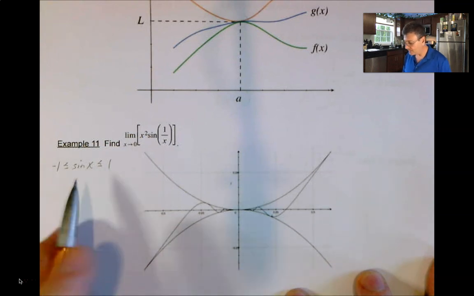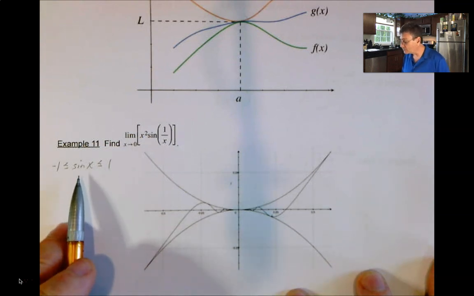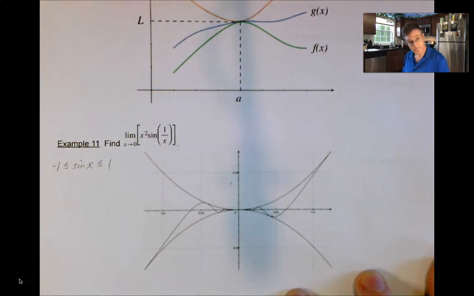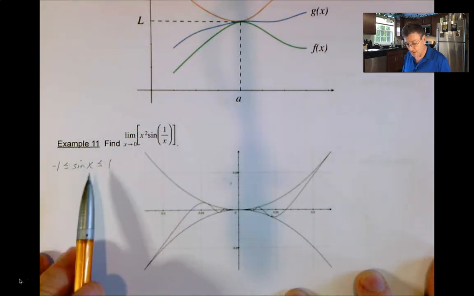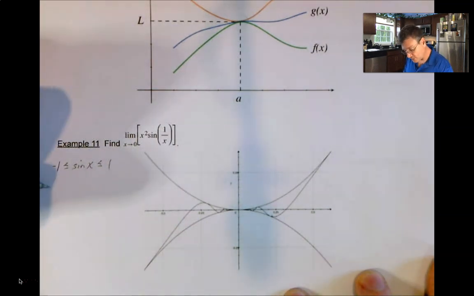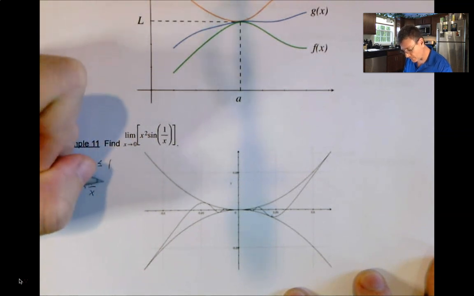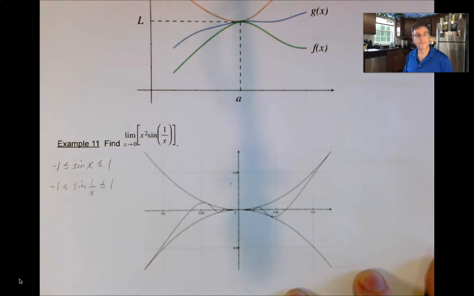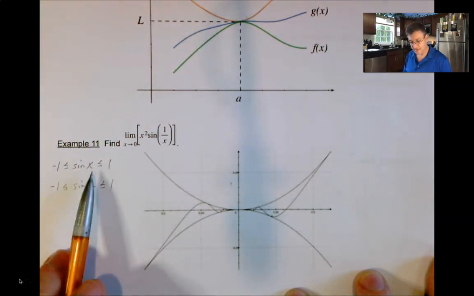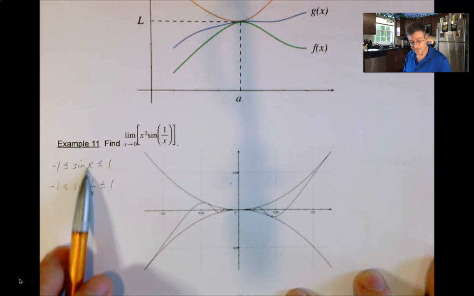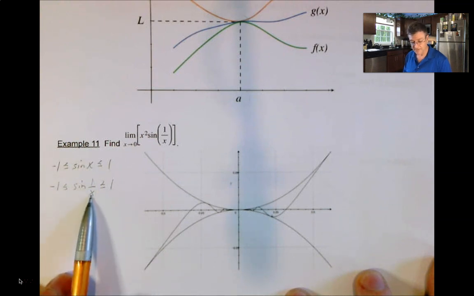This is kind of close to this function here. What about the range of sine of 1 over x? Well, it's the same range. I'm taking the sine of any numbers. This is all real numbers except for 0, can't put 0 in.